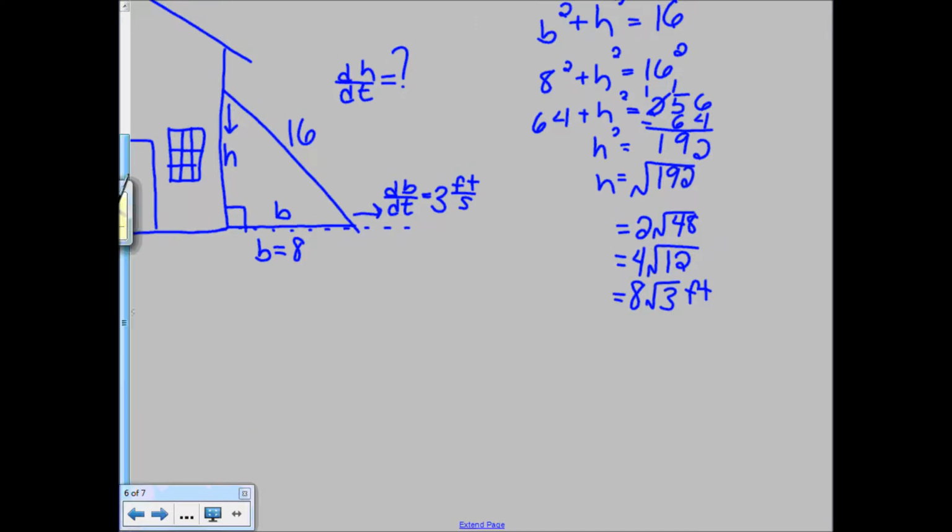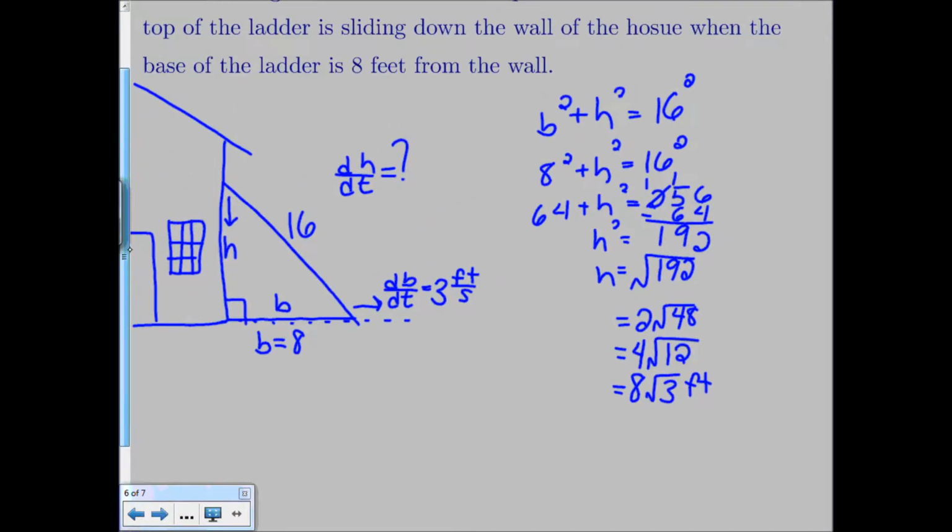So now that we know that variable, we can use our implicit differentiation and find the different rates. So now we're going to take our derivative. We're going to do d/dt of b squared plus h squared equals 16 squared.